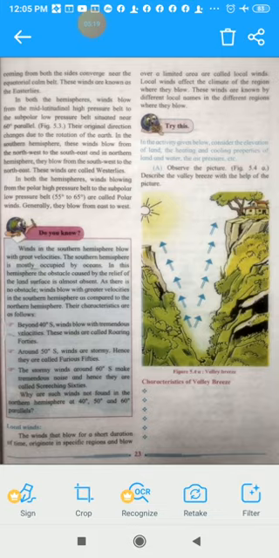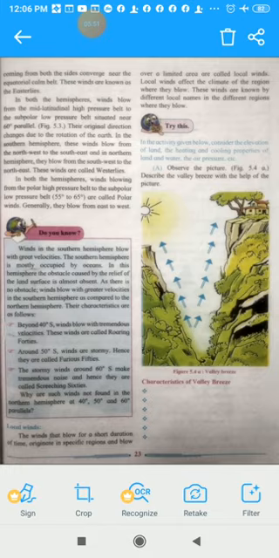See the northern hemisphere first. Can you see the arrows pointing upwards from the mid latitudinal high pressure belt? It is high pressure and then it goes towards the subpolar low pressure belt. Where is this subpolar low pressure belt situated? Along the 60-degree parallel. So they are moving from mid latitudinal to subpolar.